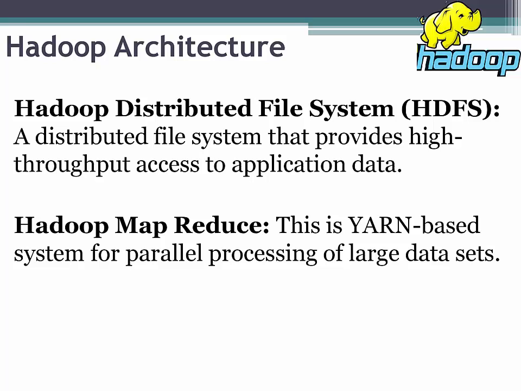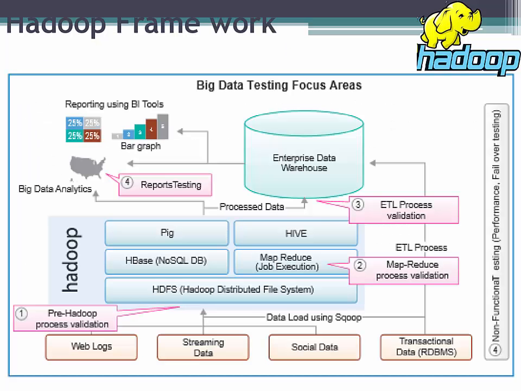Hadoop Distributed File System, HDFS: a distributed file system that provides high-throughput access to application data. Hadoop MapReduce: this is a YARN-based system for parallel processing of large datasets. We can use the following diagram to depict these four components available in the Hadoop framework.